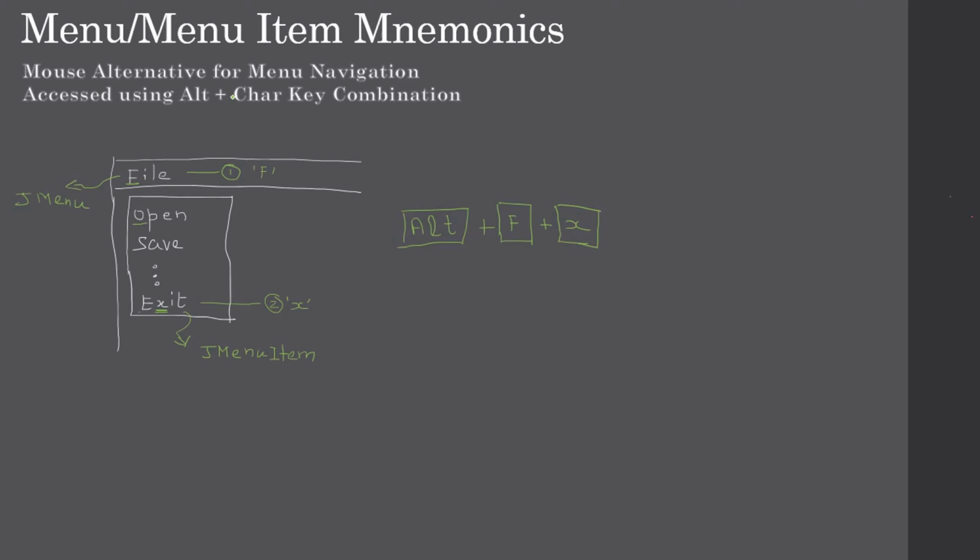So that's why we call this a mouse alternative. These are menu mnemonics. If you see in this illustration here, we have actually 3 mnemonics. F is for the JMenu, mnemonic O is for the menu item open, and mnemonic X is for the menu item exit.